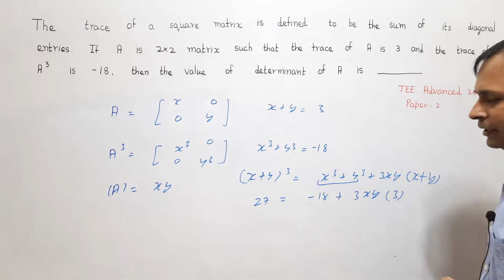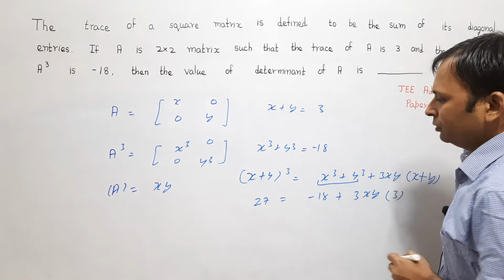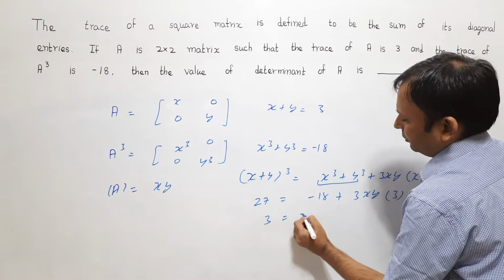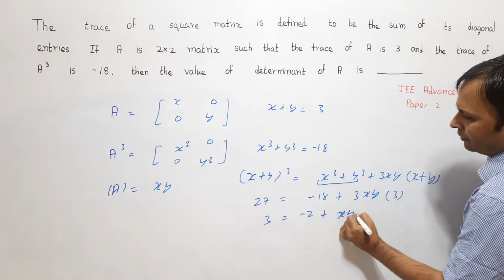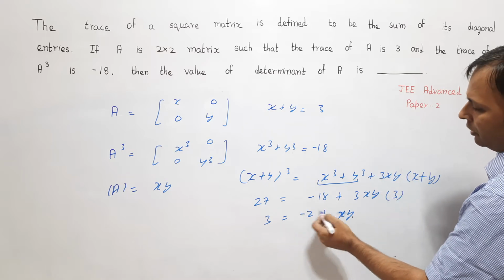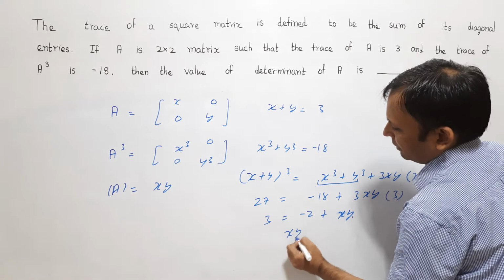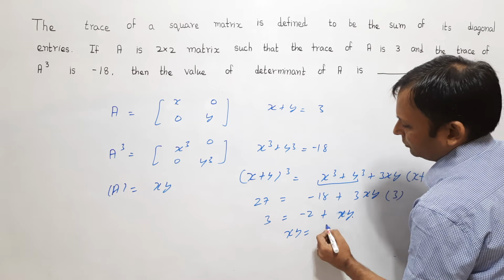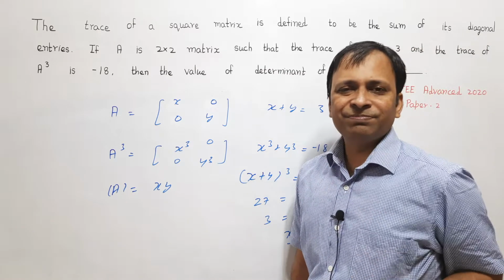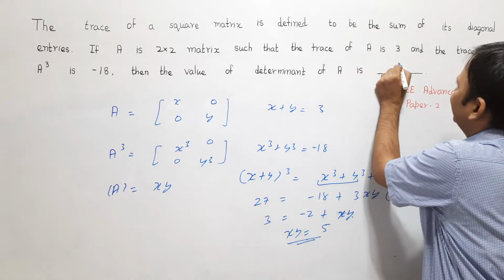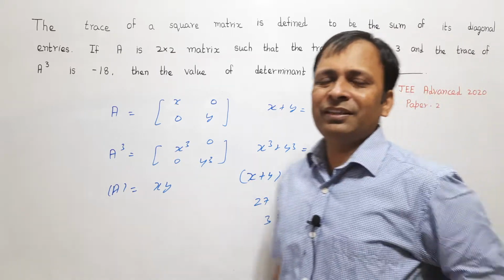I can divide this entire equation by 9. So I get 3 is equal to minus 2 plus xy. Okay, so what is xy? xy will be equal to 3 plus 2, which is equal to 5. What we need is xy only, so 5 is our required answer.